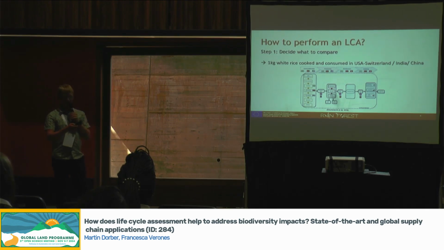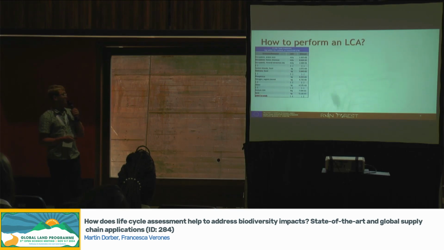And then we have a lot of sub-processes that you can see here. It's not really important which ones these are, but there are many of them, and we would like to consider all of them. For these, we need to get the emissions and the resources used during these processes. We collect these in a long list in a database, and this is what is called the life cycle inventory.